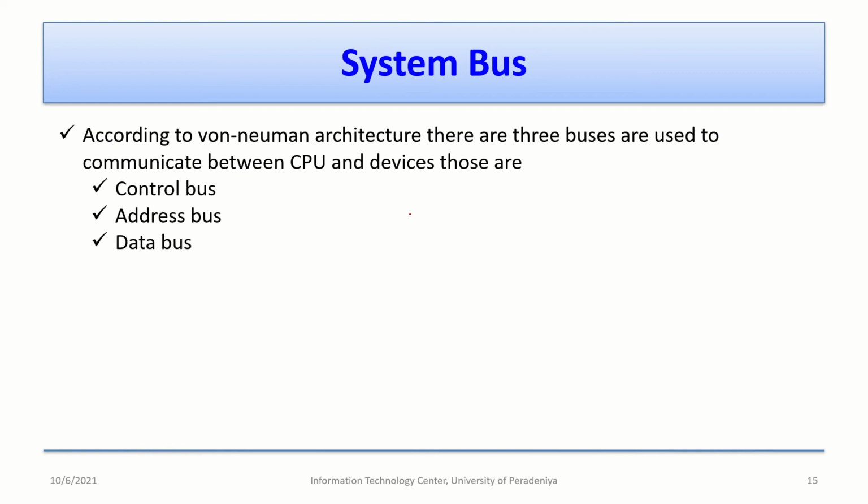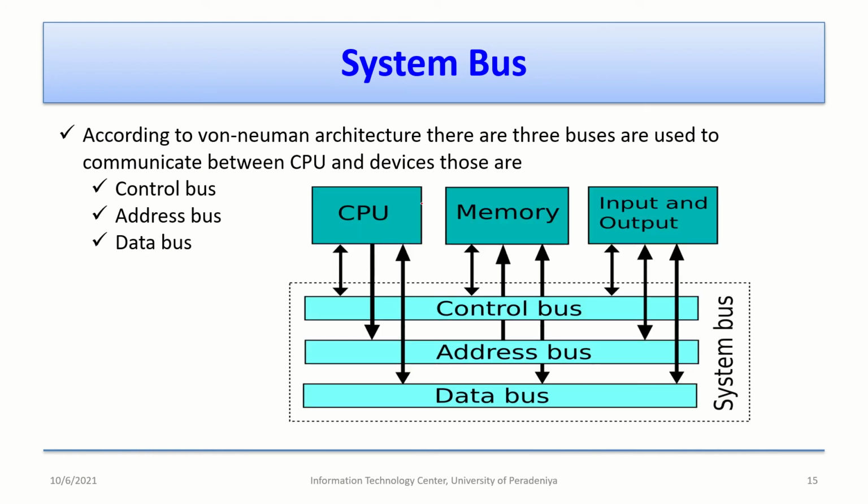The central processing unit links with the main memory using these buses. In addition, the central processing unit links with the input output devices through these buses: control bus, address bus, and data bus.